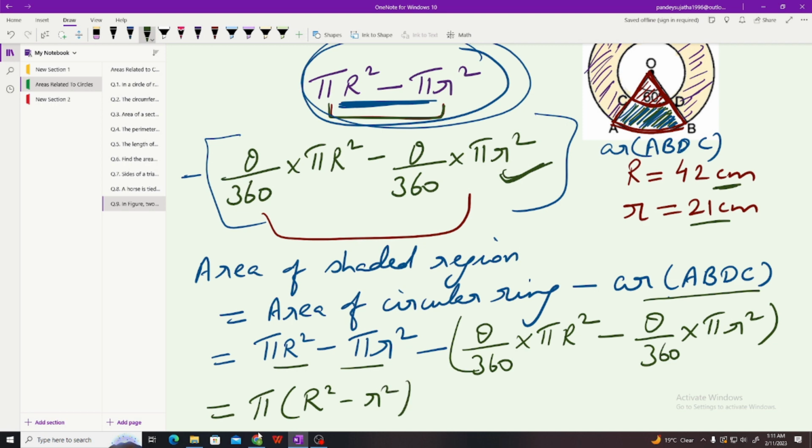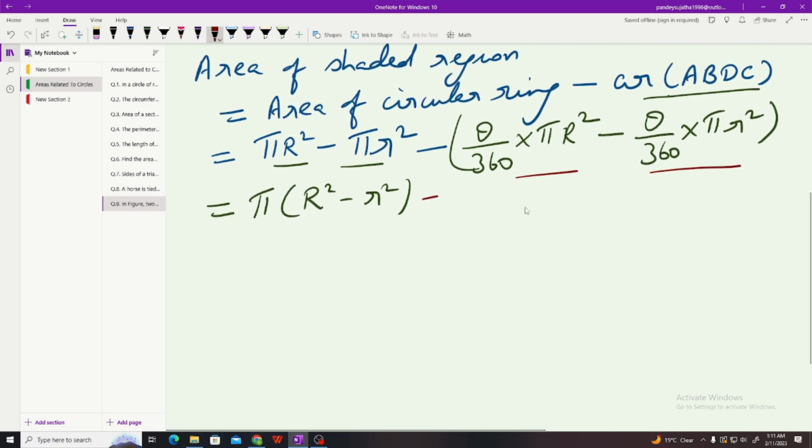So again, from these two terms we are able to see the common is theta upon 360 into pi, and in this term R square is left, and in this term small r square is left.